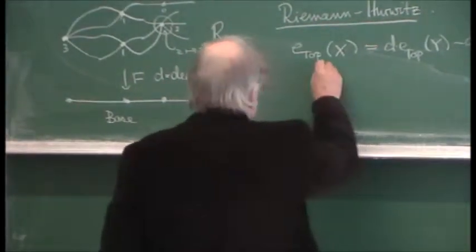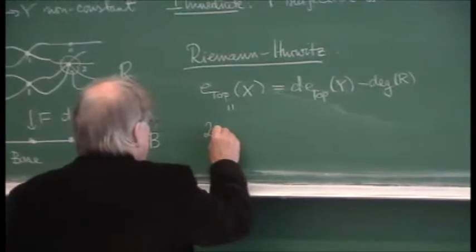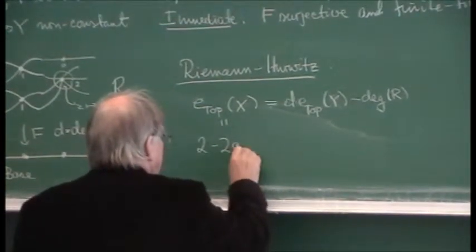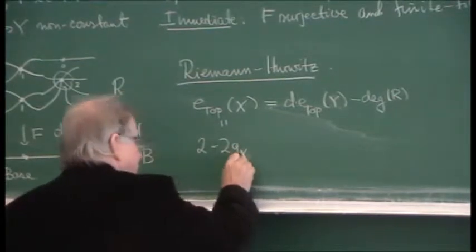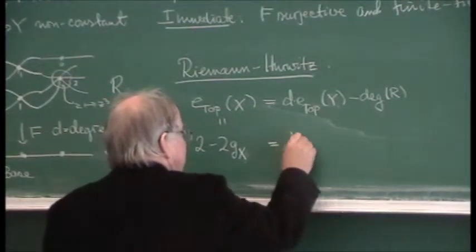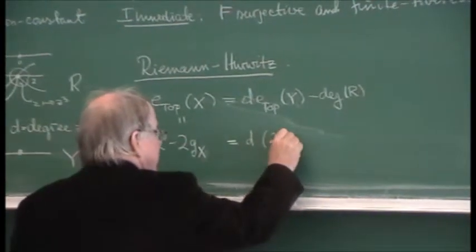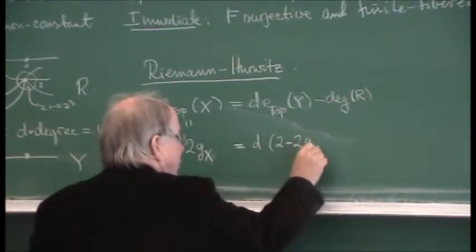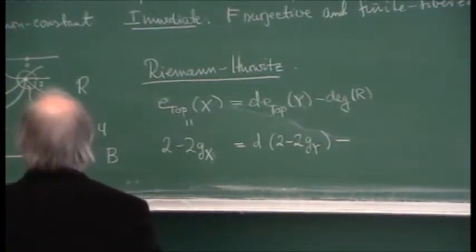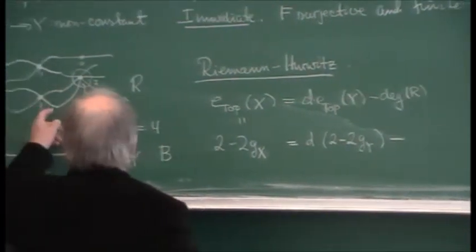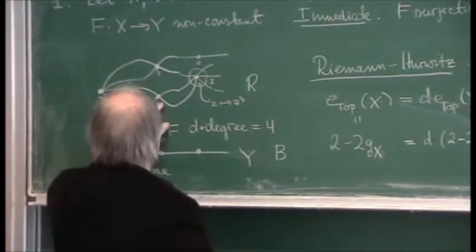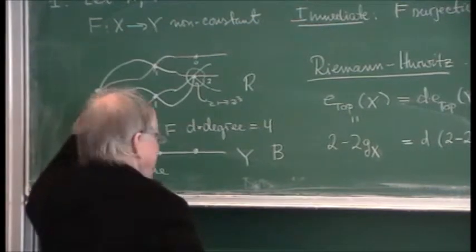We discussed this in detail yesterday: this is 2 minus 2 times the genus of X, genus being the only topological invariant of X. And this is D times 2 minus 2 times the genus of Y, and minus, in this case, whatever it is. What did I get? Let's see, 2, 3, 4, 7. I did it again.